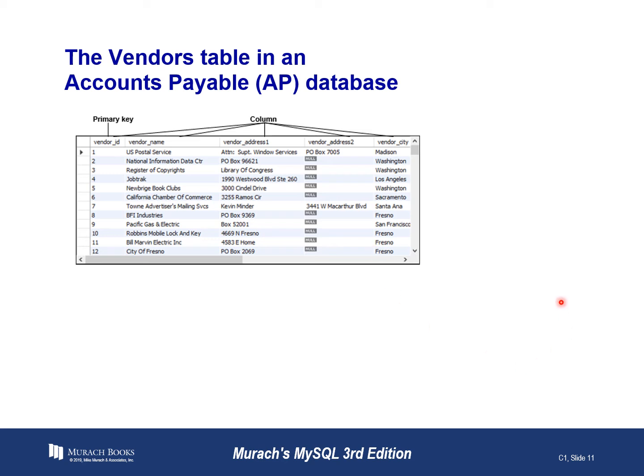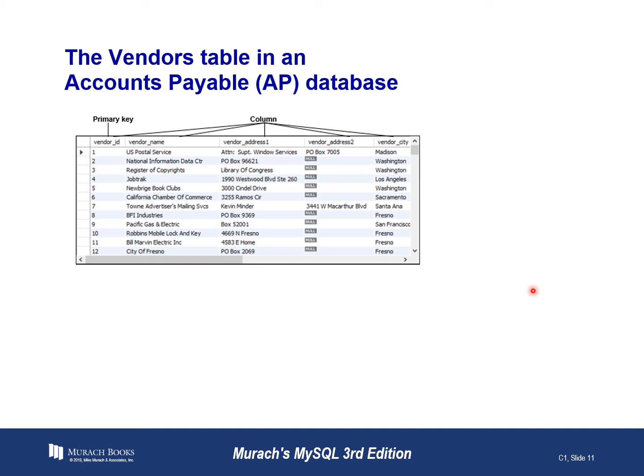First of all, it's important to remember that a relational database consists of tables. Tables consist of rows and columns, which can also be referred to as records and fields. Those are some of the terms you need to be familiar with: tables, rows, columns, and then rows can also be called records, and columns can also be called fields.